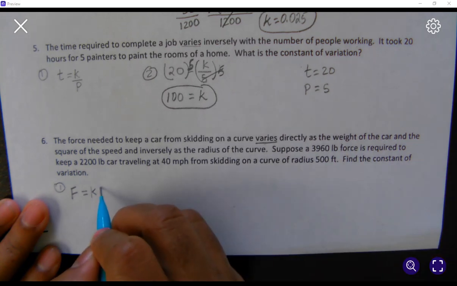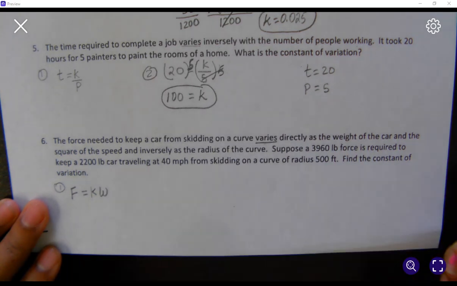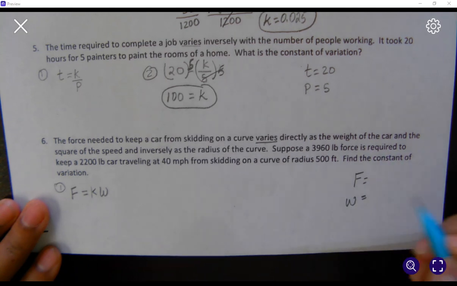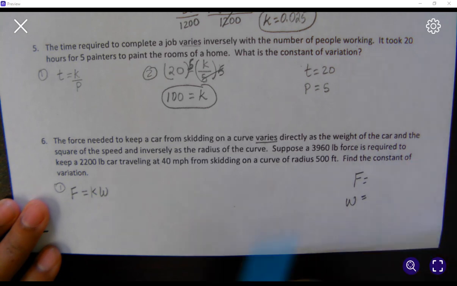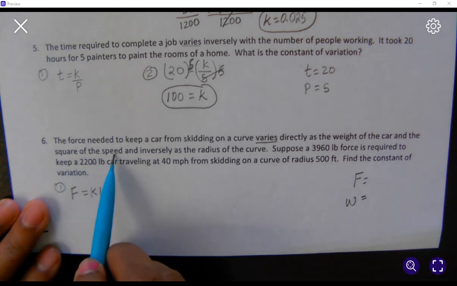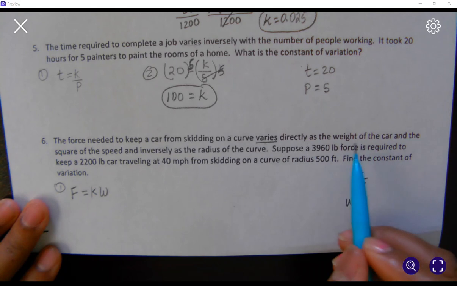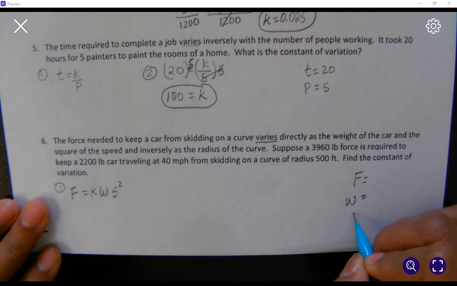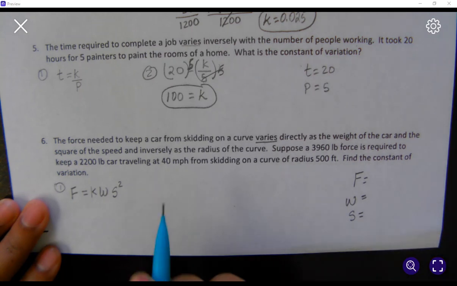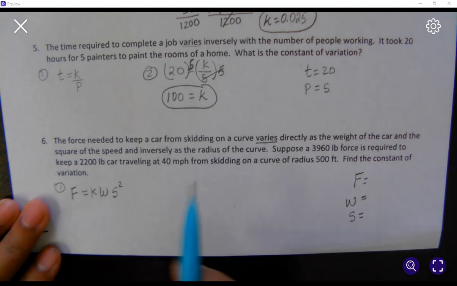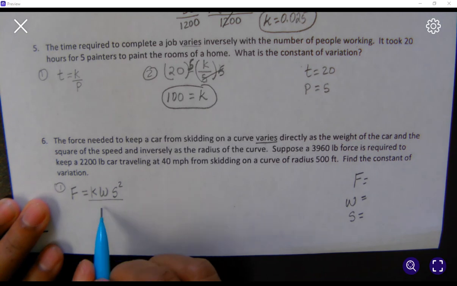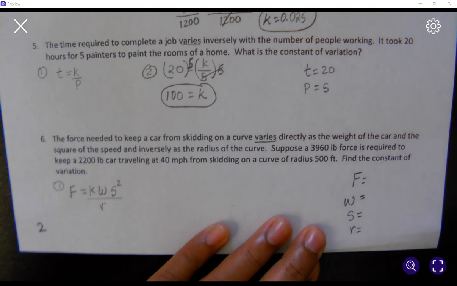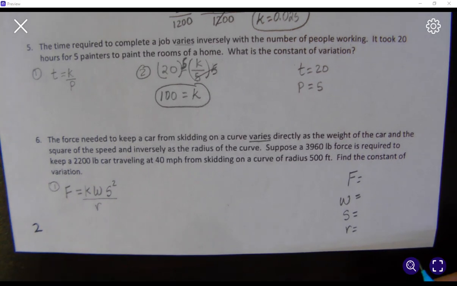So you have here multiplied by W. So you have your F, your force, your weight, and the square of the speed. So directly with the weight and the speed, and your speed is being squared. Inversely as the radius. So inversely means the radius goes in the denominator. So here's a bunch of letters, and so we need to make sure to find all of them.